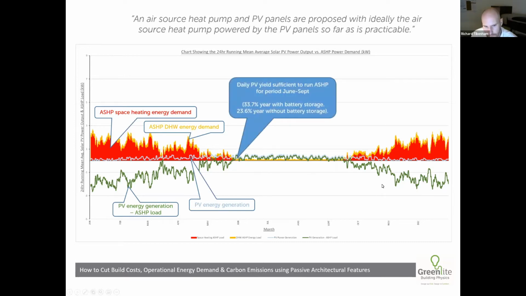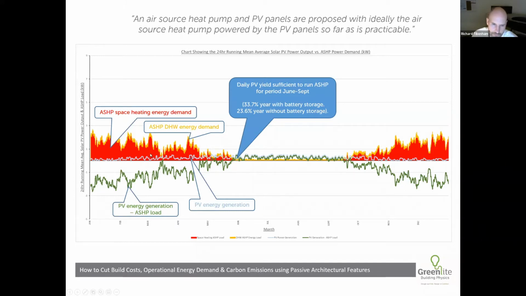So you can see that the PV cells are only capable of providing enough energy to run the heat pump between June and mid-September. And that coincides with when the radiators are turned off. So it's only really capable of delivering on the hot water demand here.